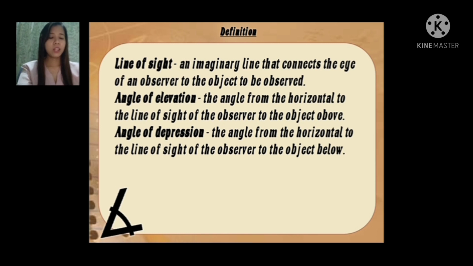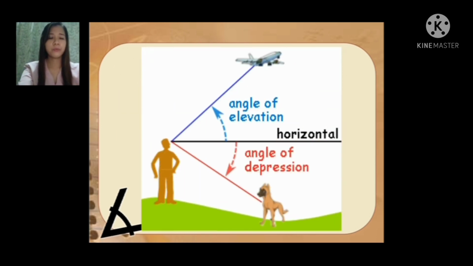For better understanding of these terms, let us have here an illustration. In this illustration, there are 2 lines of sight. From the eye of the observer to the object above, which is the airplane, and the line of sight from the eye of the observer to the object below, which is the dog.